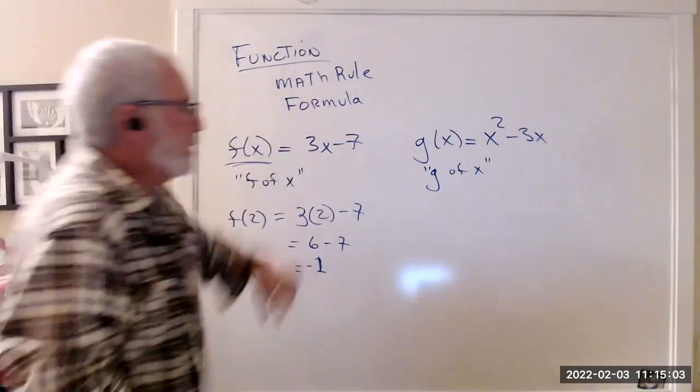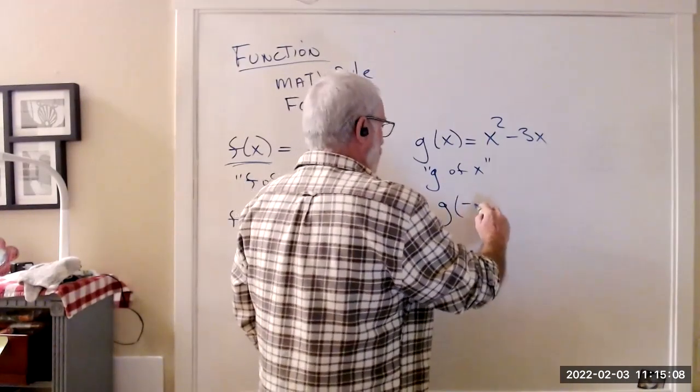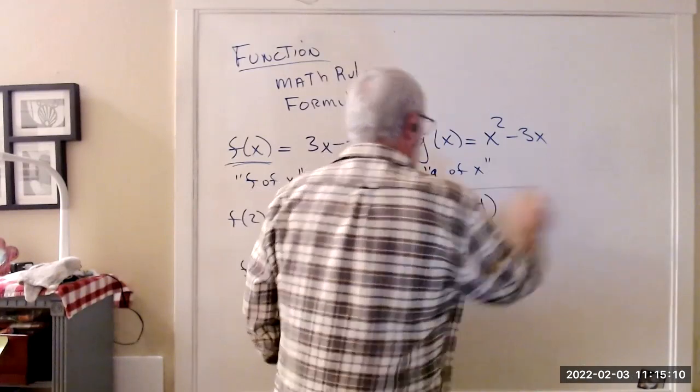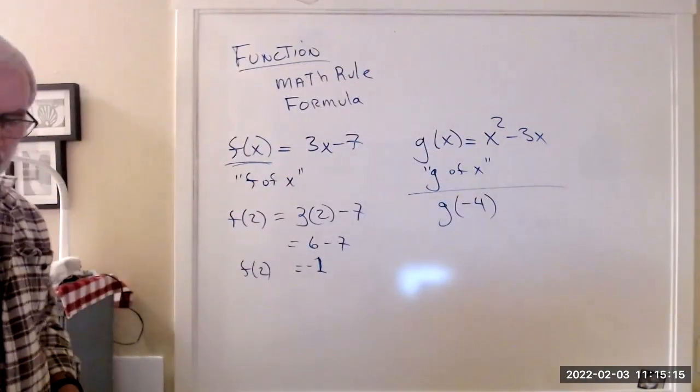Okay. What about here? G of -4. Try that one. Figure out G of -4. Take a second.